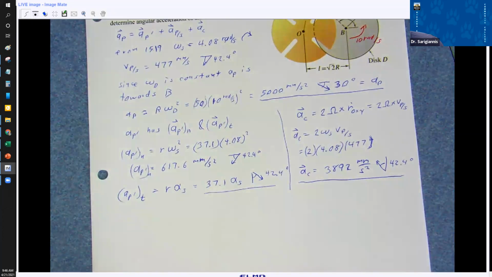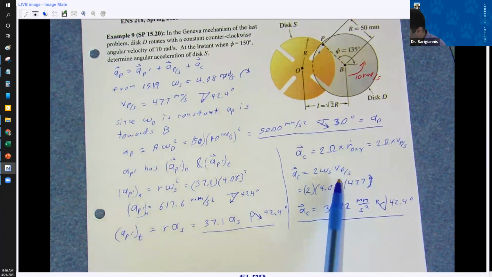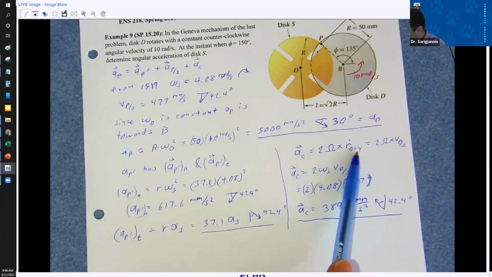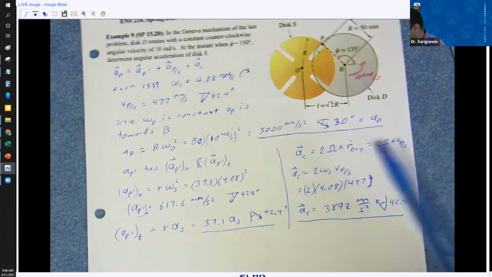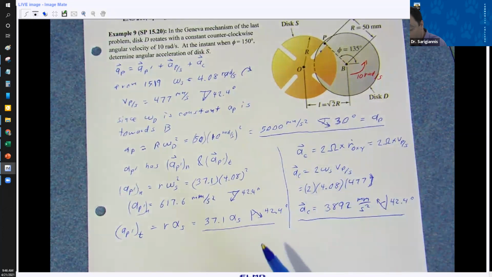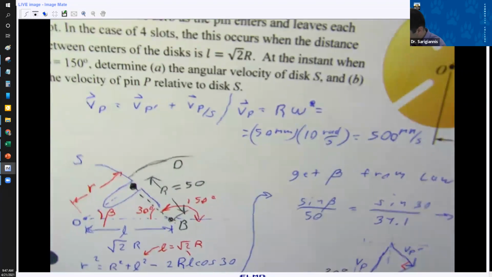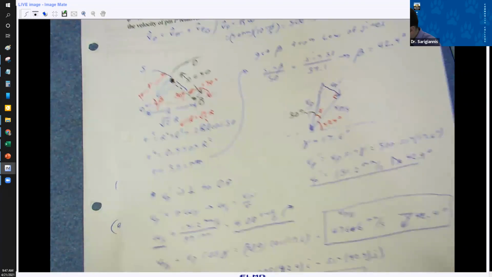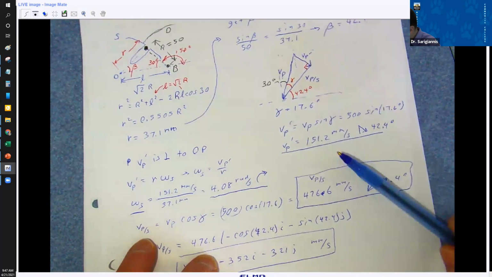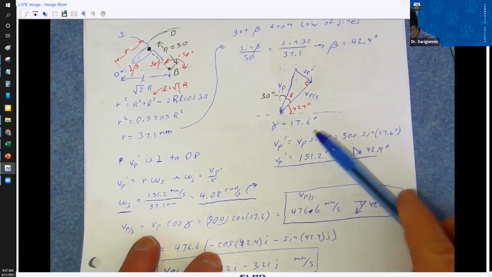That's the Coriolis acceleration, which again, because of the omega crossed with the r, the position vector r, well, r dot, it's the first derivative of the position vector, basically the velocity. We're crossing it, right, so it becomes 90 degrees. So VPS is pointed like this, the Coriolis acceleration is like that.